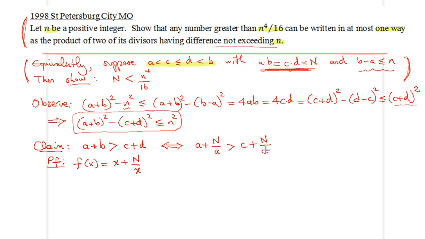So therefore all I need to show is if a is strictly less than c, then it must be the case that obviously this is f of a and that's f of c, suggesting that our function f is a decreasing function. But that follows immediately, for instance, from the shape of this function f.